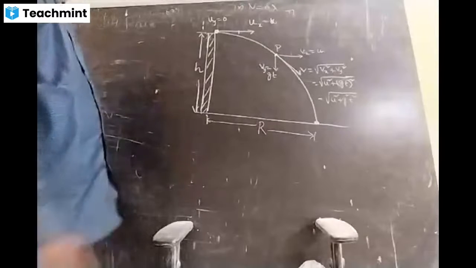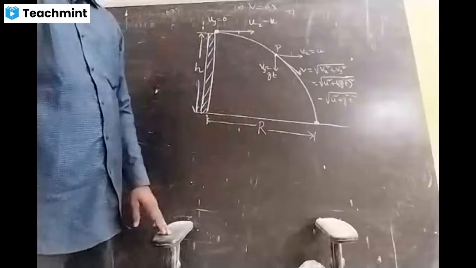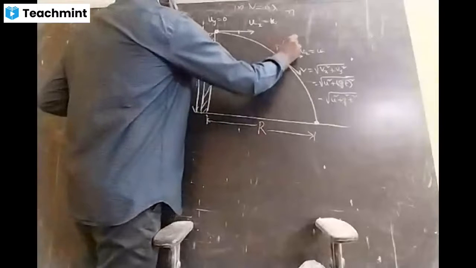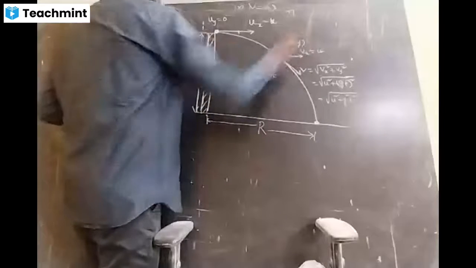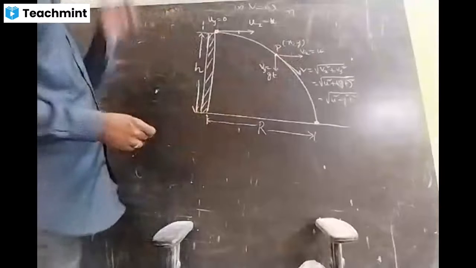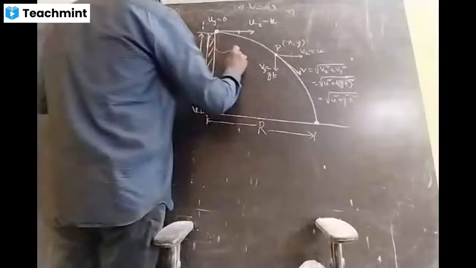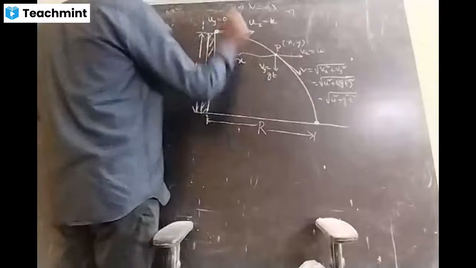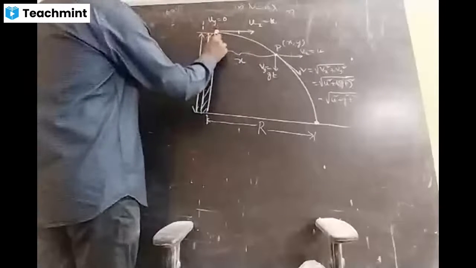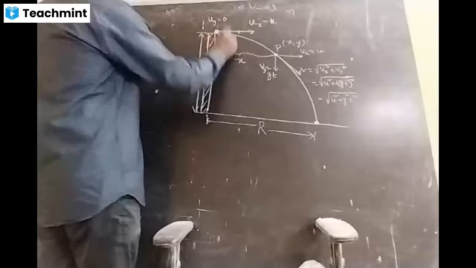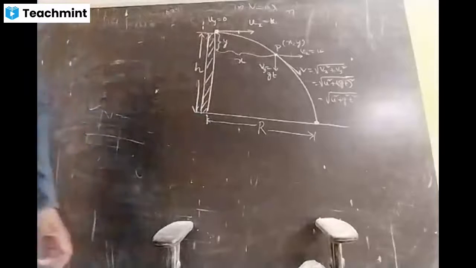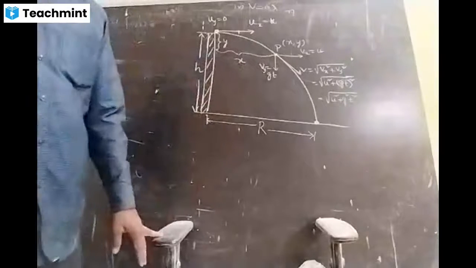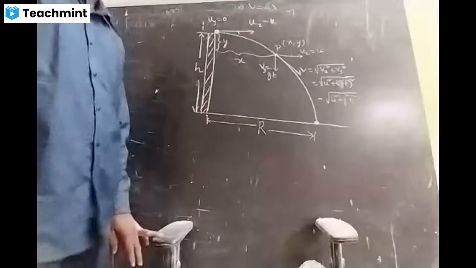Okay, but here for P, if I take the coordinates of P as x comma y, that means the horizontal distance covered by the particle is x and the vertical distance covered by the particle is y when it reaches point P. So I want the values of x and y because we need to find out the path.